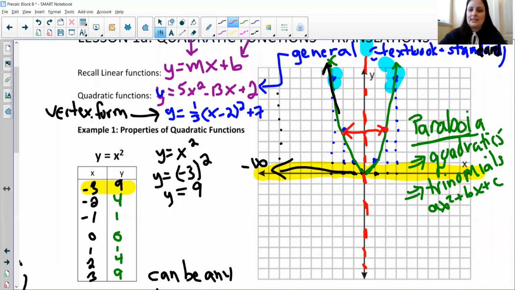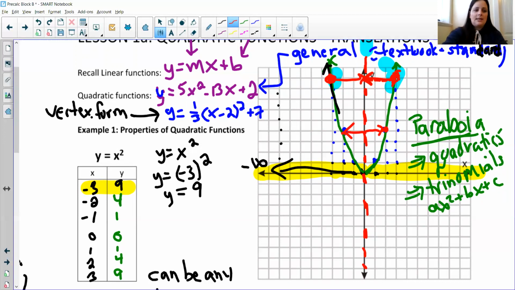And the distance between these two points, the distance from this point, which I'm circling in red, to the y-axis is exactly the same as the distance from this point to the y-axis. They're the same distance apart because it's right down the middle.